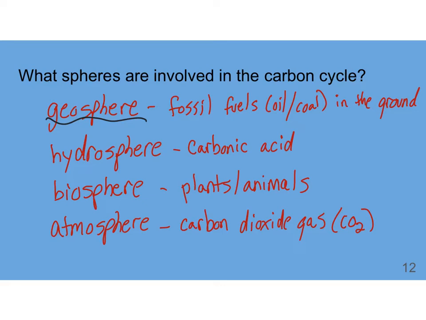That's when carbon dioxide gets absorbed into the water and it creates a weak acid called carbonic acid. Biosphere, carbon is in all living things. So plants and animals all contain carbon. We're carbon-based life forms. And in the atmosphere, carbon dioxide is one of the gases that is in the atmosphere.